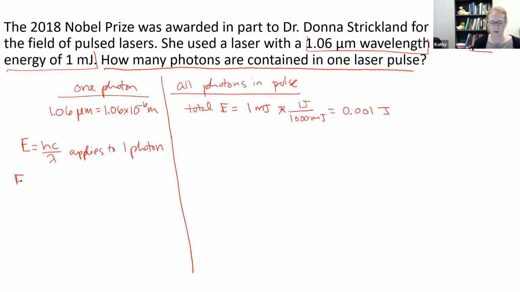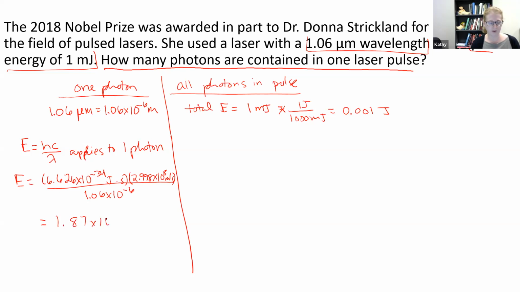All right, so E equals Planck's constant times speed of light over 1.06 times 10 to the negative 6. So the energy of a single photon is 1.87 times 10 to the negative 19 joules.